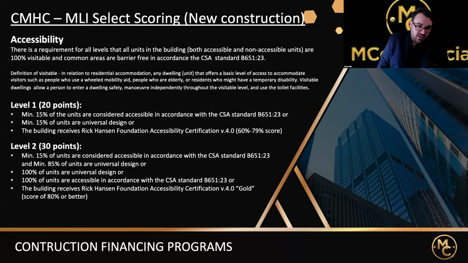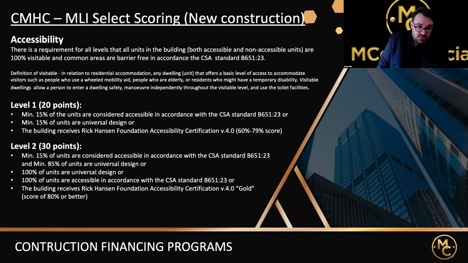Or you could also qualify by using the Rick Hansen Foundation and getting a certification of 60% to 79%. This is typically a simpler and more straightforward process to get your points, by using the Rick Hansen Foundation accessibility certification.